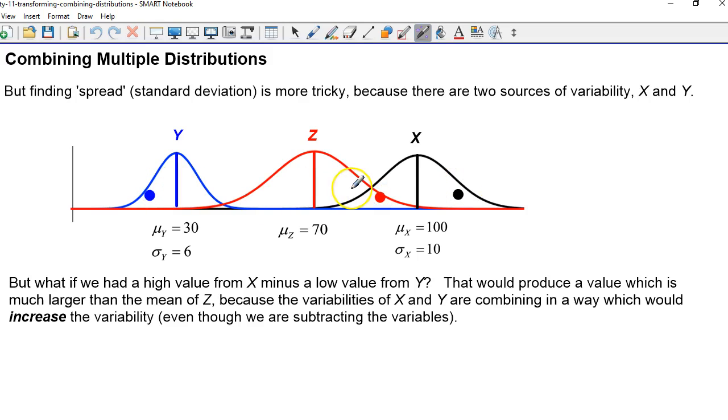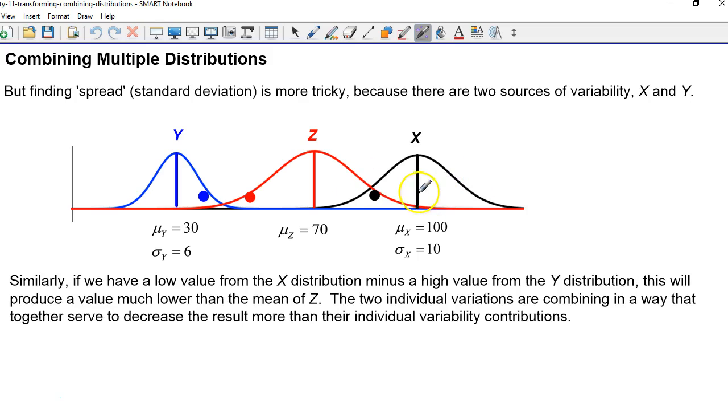In other words, the distance here would be larger than the individual distances in the x and y direction. Similarly, if I had an unusually low x value paired with an unusually high y value, the difference would be abnormally low. A lower starting value taking away a much larger value produces an unusually low value for z that's even farther out than the individual values themselves, right?